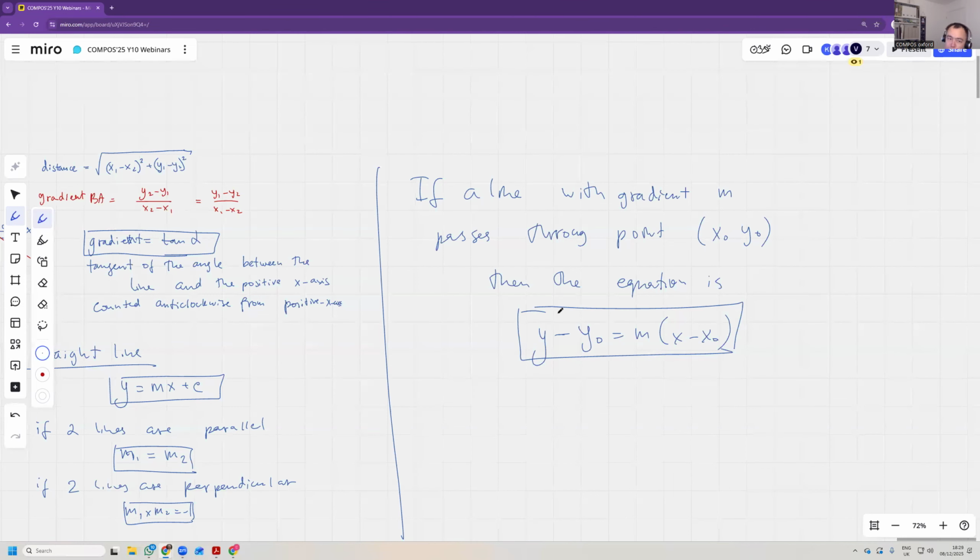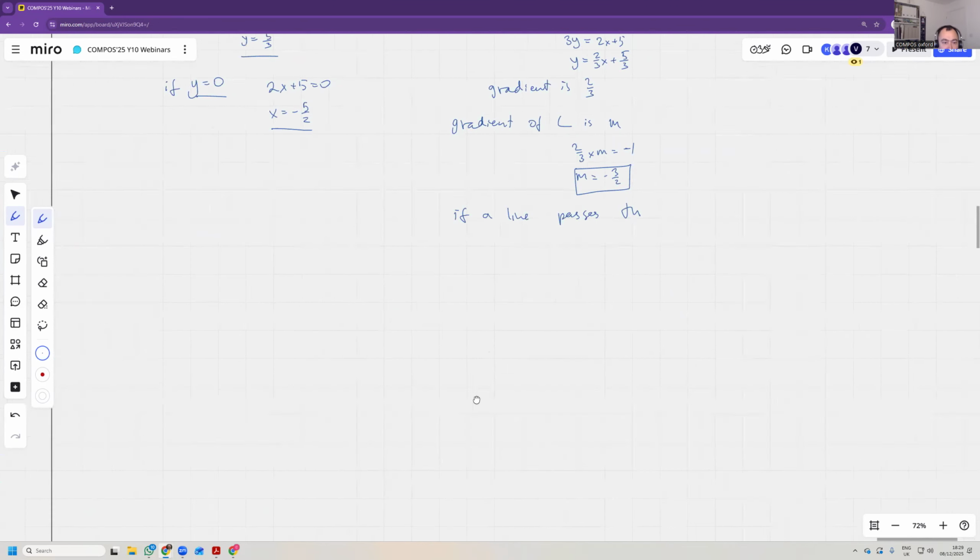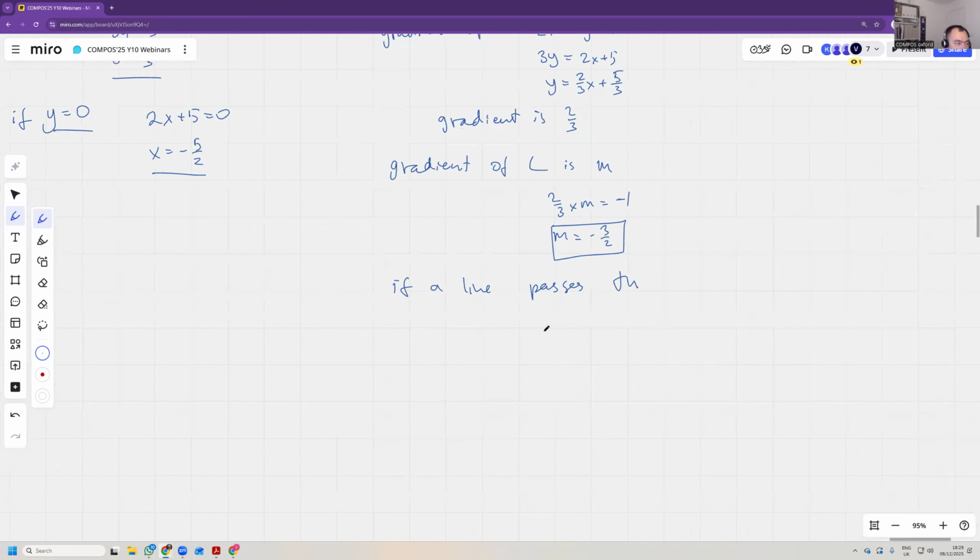Right, that's a very important formula. So we can use that formula here.